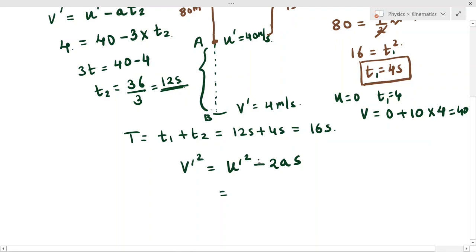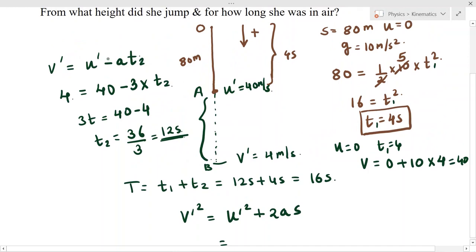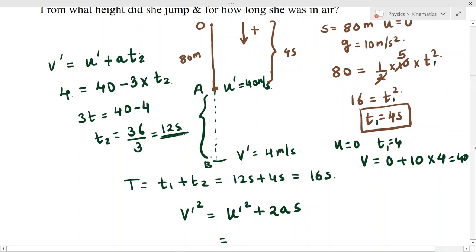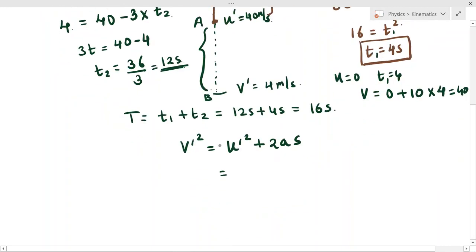Actually we take it plus only, but a we can substitute as minus 3 because it is in the upward direction. Here also you can use the same logic. A I have substituted as minus 3 over here. So u dash square is 40 square, v dash square is 4 square, and this is minus 2 into 3 into s. S is to be found out.